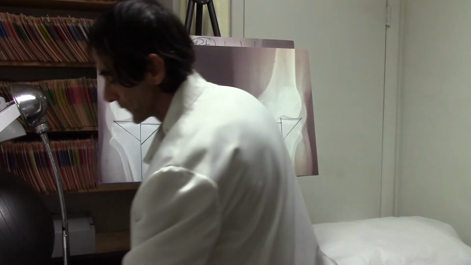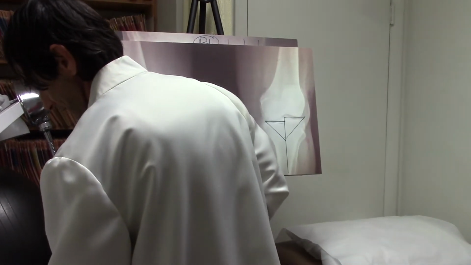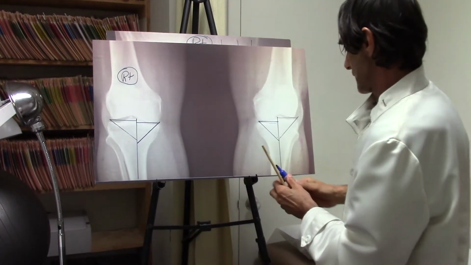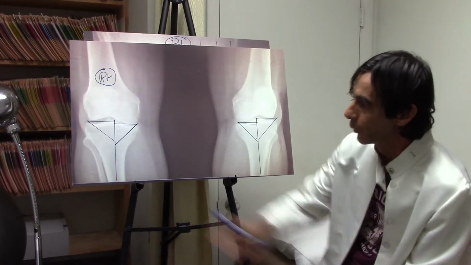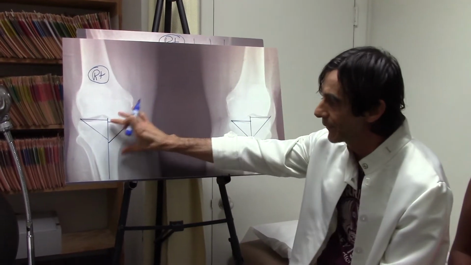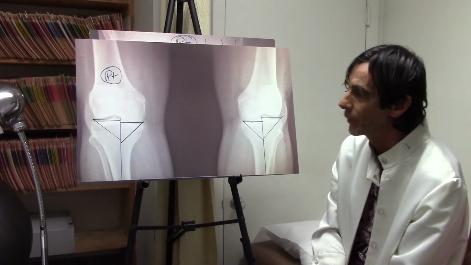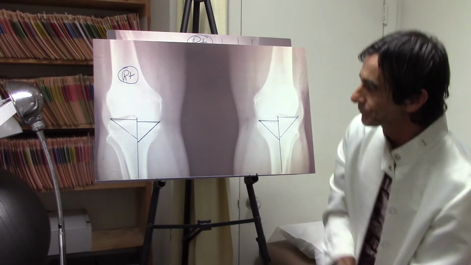This is basically how this knee is tolerating the weight-bearing load. These are the actual characteristics or profile of the weight-bearing load of this knee.